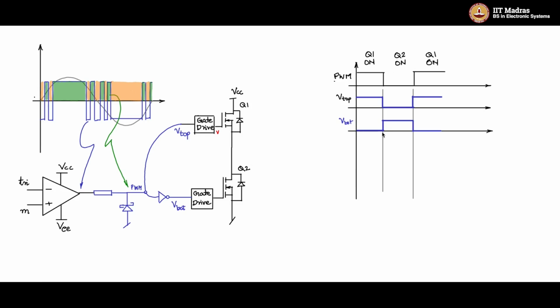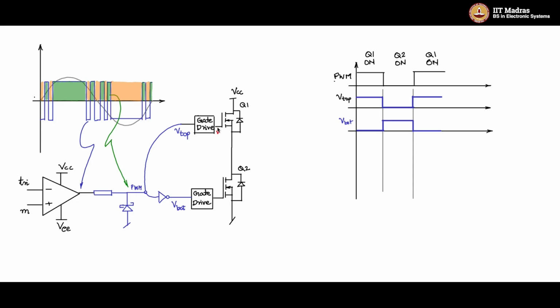Now here the transition time issue is still not taken into account, not addressed. That problem we discussed is still there: during transition there is going to be a common finite impedance from VCC to ground, which will result in a very large shoot through current. We want to avoid that, so we need to give a dead time.